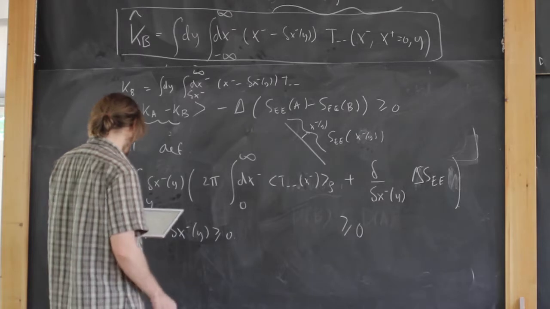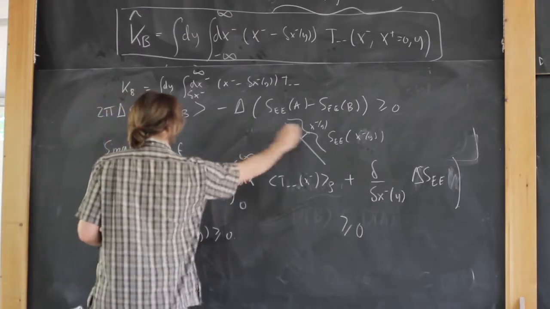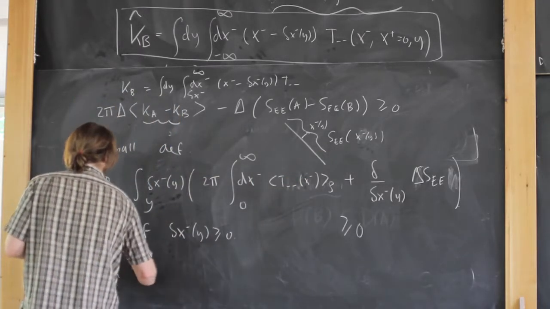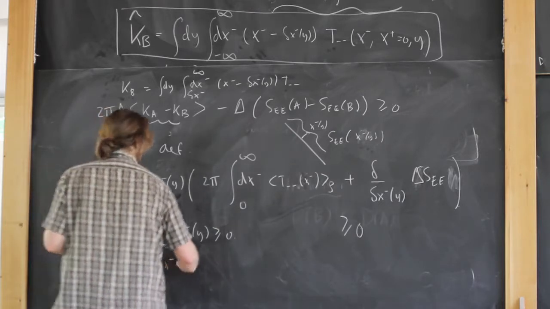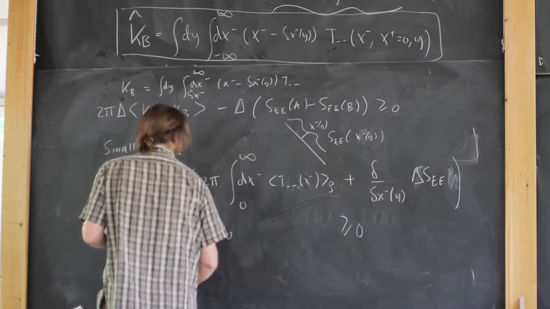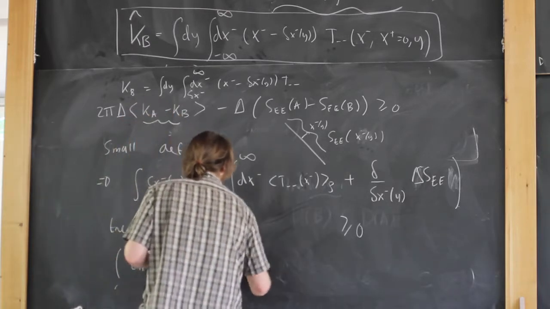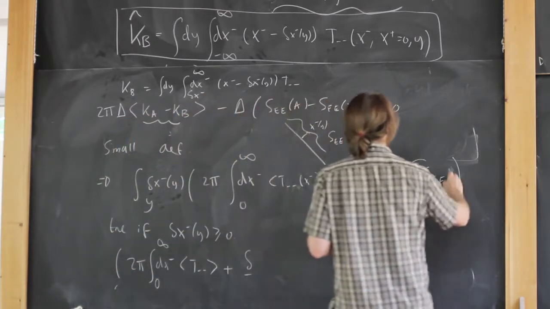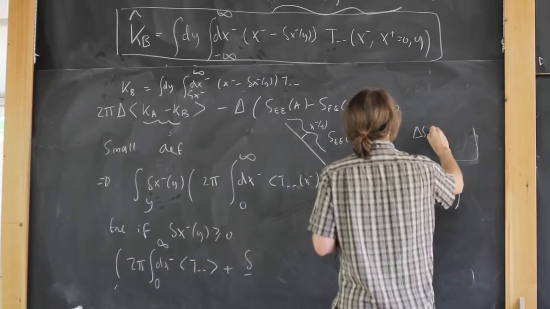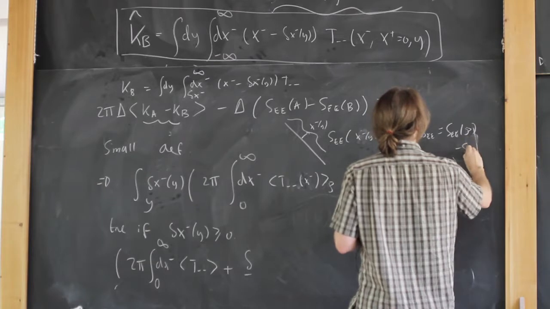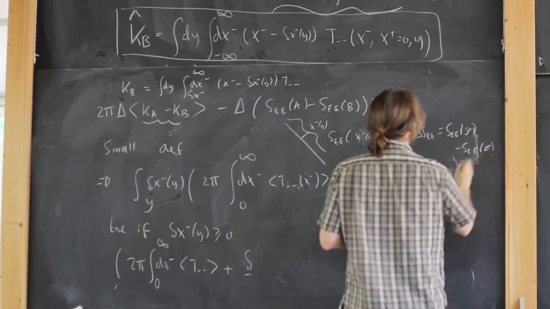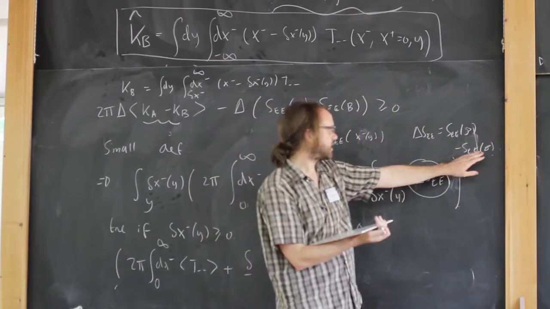Okay, and so the inequality that you get here: this is a change in the entropy, which is the entanglement entropy of the excited state minus the entanglement entropy of the vacuum state.